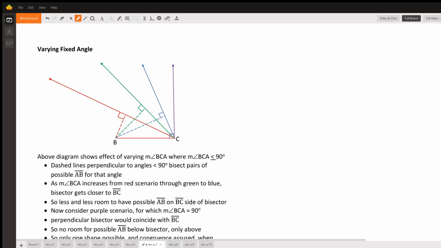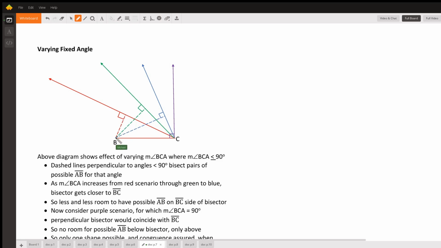So now what happens when we vary the angle? For each of these cases here, I've shown the shortest possible length. And we talked about that before, but what's significant about it is that it bisects the possibilities.